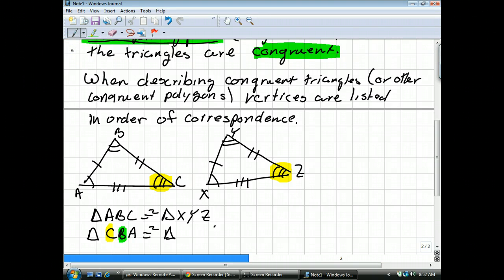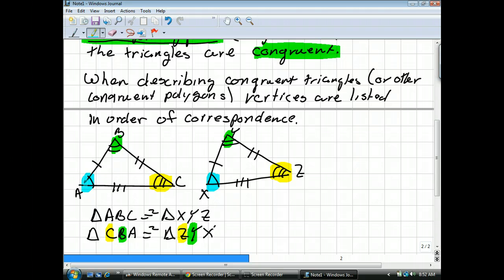Okay, C corresponds to Z, B corresponds to Y, and A corresponds to X. I apologize, that was a big mistake on my part. So this corresponds to this, B corresponds to Y. But notice that I saw right away that I made a mistake because the angles didn't match up.